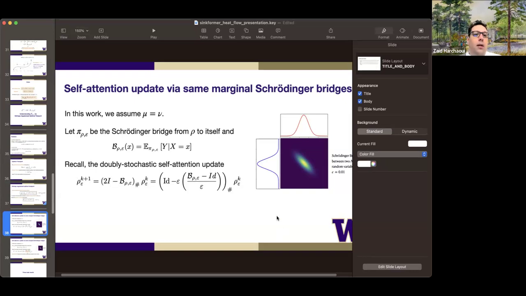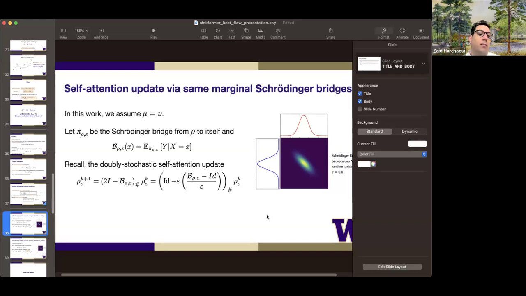So one thing that is important here is that for the self-attention layer, the Schrödinger bridge we're going to take is the Schrödinger bridge between two distributions which have the same marginals. So this is a bit puzzling, but recall that a self-attention layer is comparing, using all the self-similarities, a set of particles with itself, right?